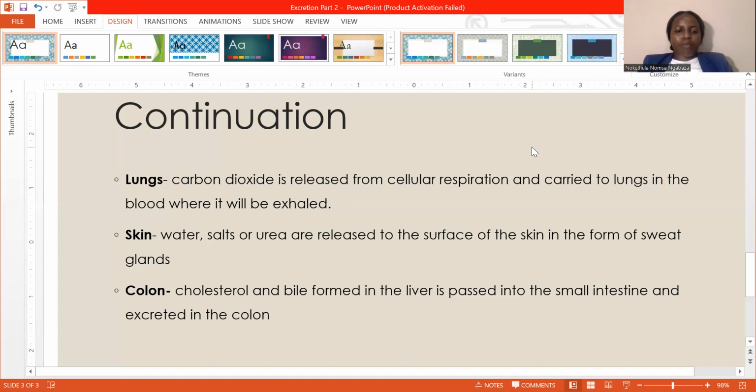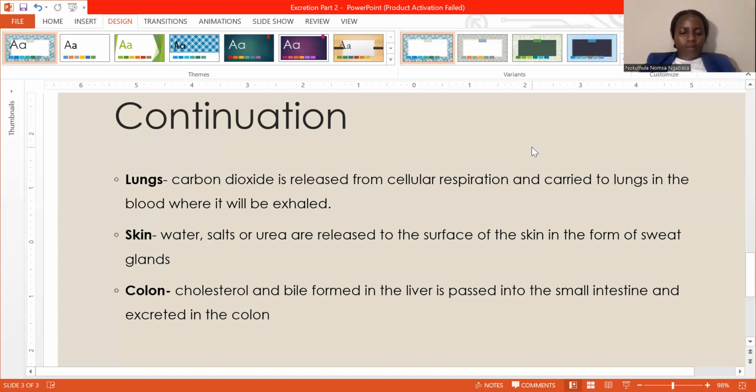And then we have the colon, which is the last one that I'm going to look at. So when it comes to the colon, it is responsible for excreting the cholesterol as well as the bile that is going to be formed in the liver.